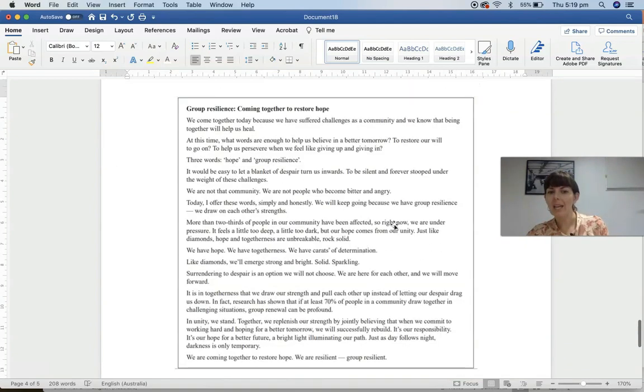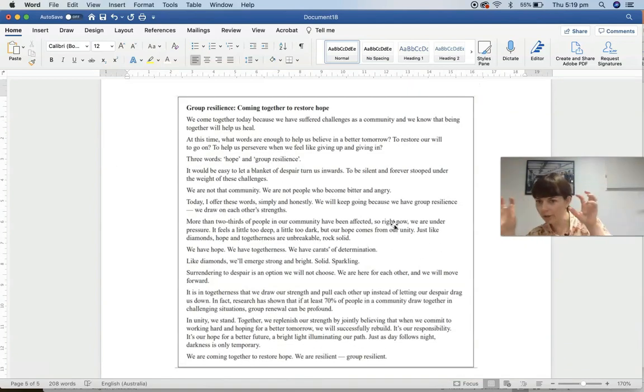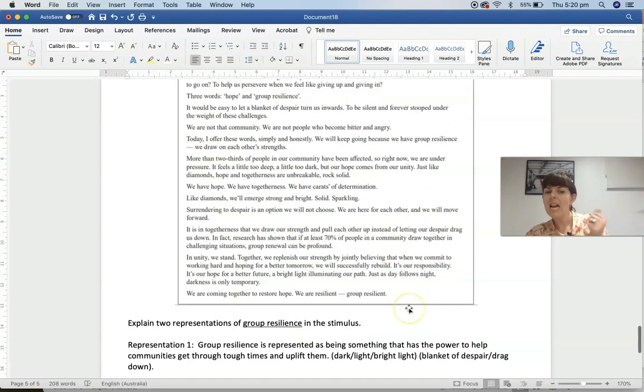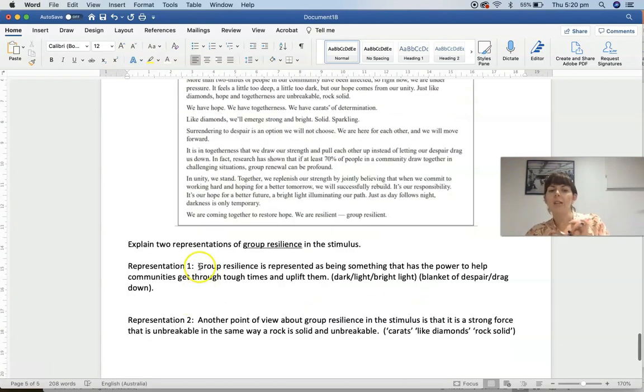In the same way, writers are picking words deliberately. So I'll do a separate video about language features and text structures in this stimulus to help you out, but this video is simply to help you practice getting 1 and 2 representations ready to go that are correct.